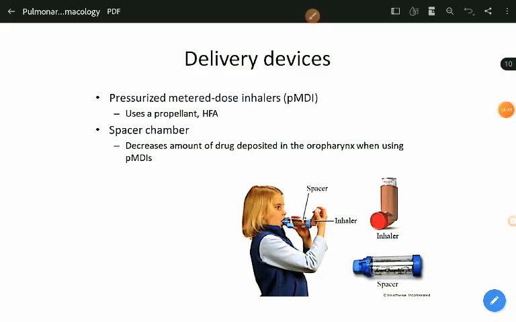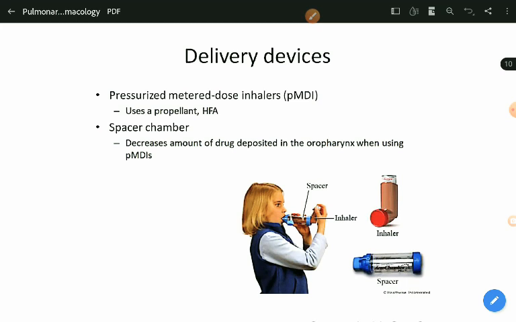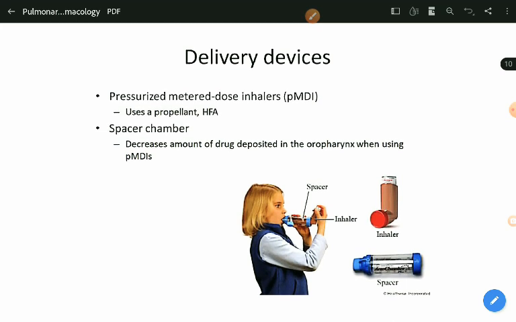So basically, the route of choice is via inhalation. That puff thing, and sometimes nebulization. Via inhalation, we have the following delivery devices. These include pressurized metered dose inhalers, your PMDI, that uses a propellant in the form of HFA.